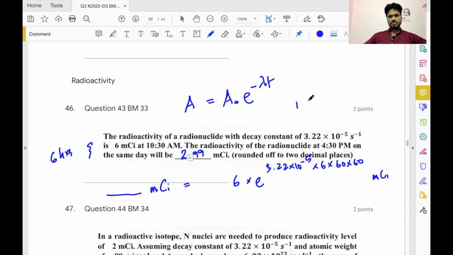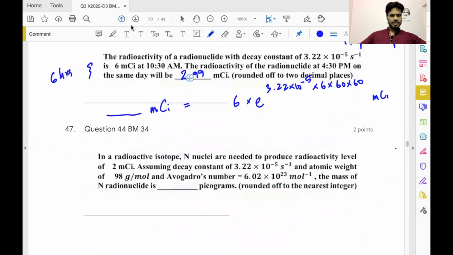So what is 1 curie? It is 3.7 into 10 power 10 becquerels. And 1 becquerel is essentially 1 decay per second, whatever particle it is.